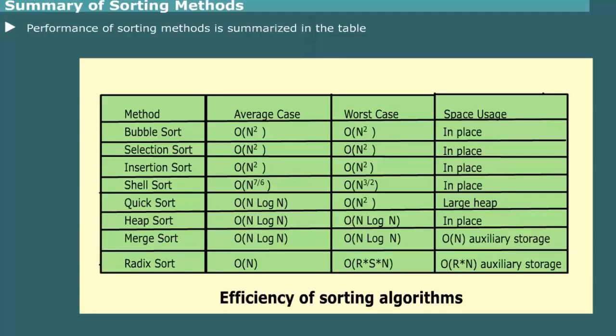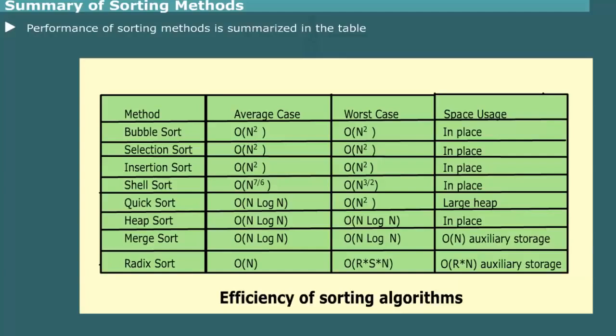Bubble sort is simple and may be used for very small data sets. Selection sort can be used for small data sets with small keys and large record sizes. Insertion and shell sort give best performance among the quadratic algorithms. They can be used for moderately sized data sets.